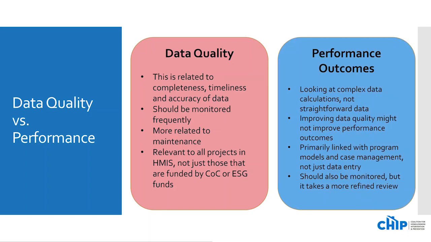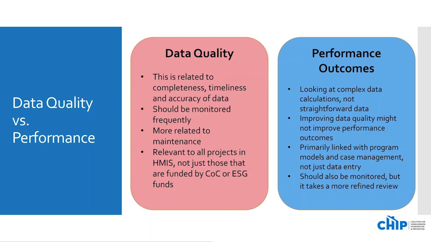And so in comparison, performance outcomes is more so looking at complex data calculations. It's not looking to see, is the name, gender, veteran status, is that all there? Performance outcomes is looking at additional context outside of just even that enrollment data.